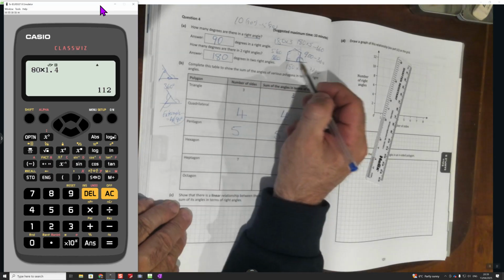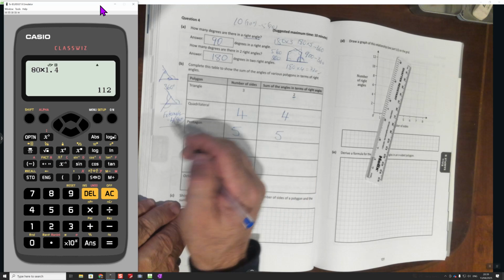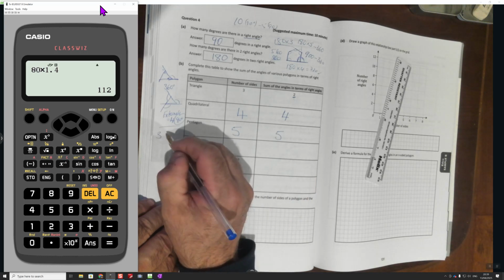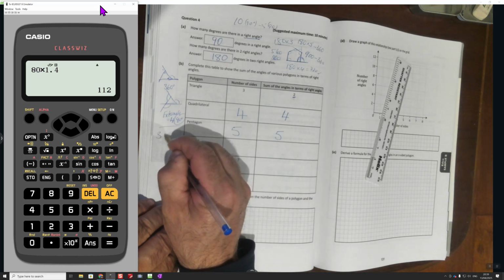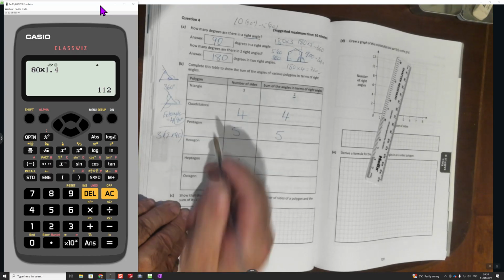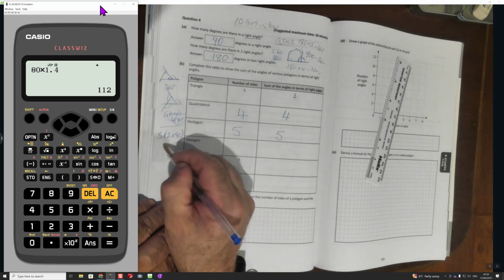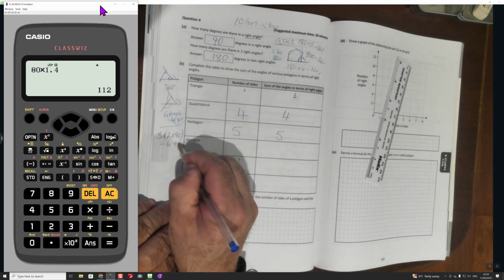Now your straight angles add up. So for example here, your straight angles add up to 3 multiplied by 2 multiplied by 90. And then you subtract 4 90s.